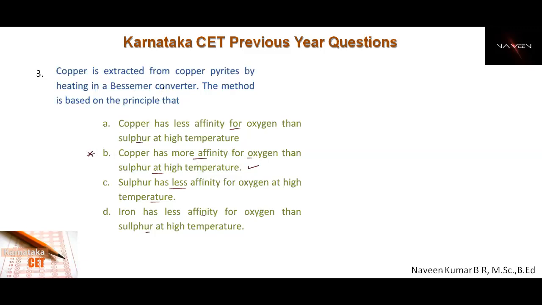So in the Bessemerization tower, the copper is oxidized to Cu2O and the sulfur is oxidized to SO2. If we observe both oxide formations at high temperature, copper has more affinity for oxygen to form its respective oxide. And the correct principle regarding the Bessemerization tower is option B. We'll observe the next question from the same year.